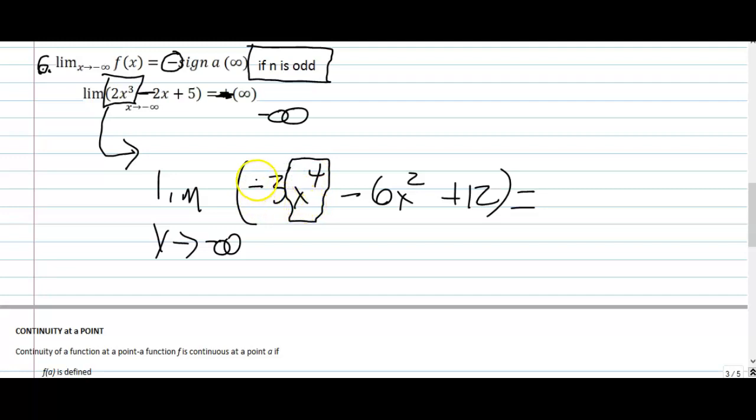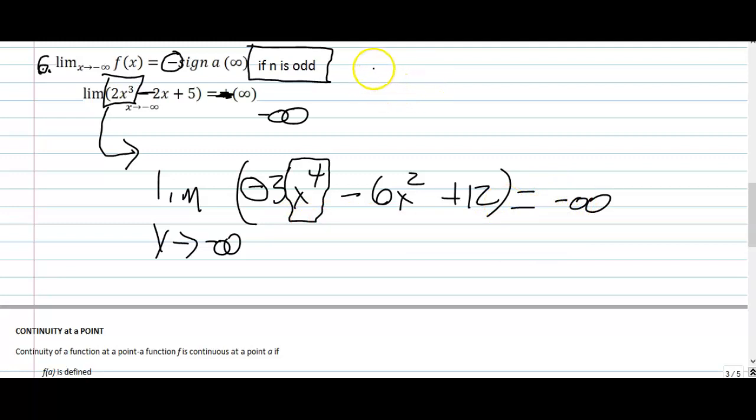And then when we multiply it times a negative, it will become negative. So this is negative infinity. Again, this only works when you're evaluating polynomial functions at infinity. So in this case, the answer would be negative infinity.